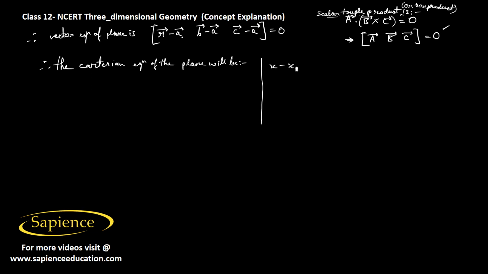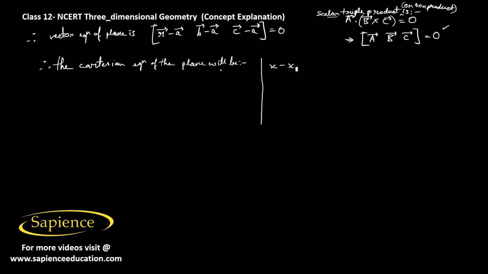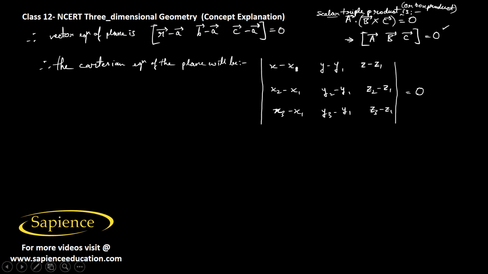So the Cartesian equation of this plane will be the determinant of x minus x1, y minus y1, z minus z1; x2 minus x1, y2 minus y1, z2 minus z1; and x3 minus x1, y3 minus y1, z3 minus z1, and that should be equal to 0.